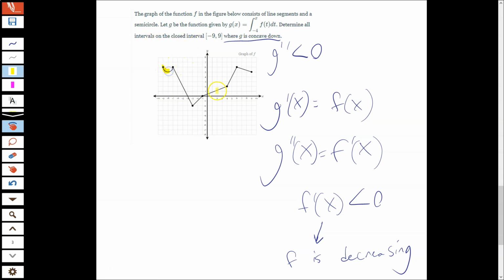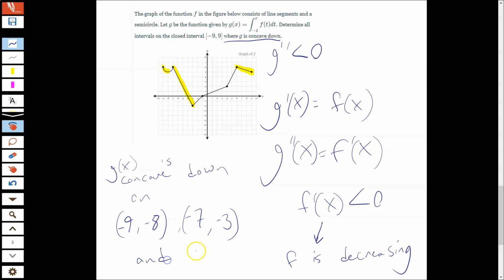So that's here, here, and here, right? So our concave down intervals, and we should be very specific here, so G of x is concave down on -9 to -8, it looks like, -7 to -3, and 6 to 9.